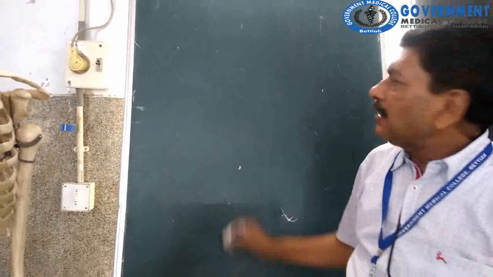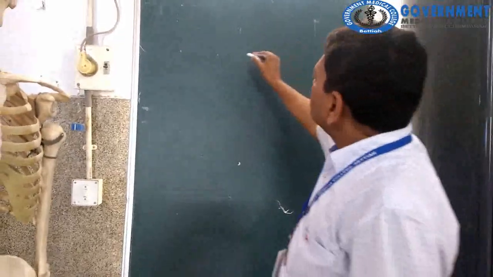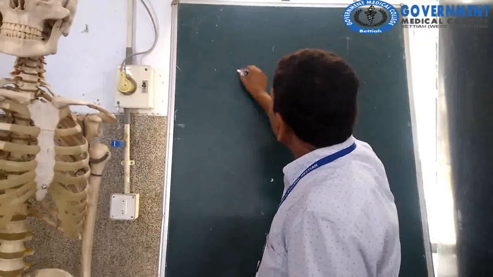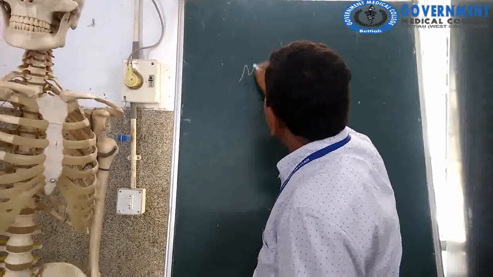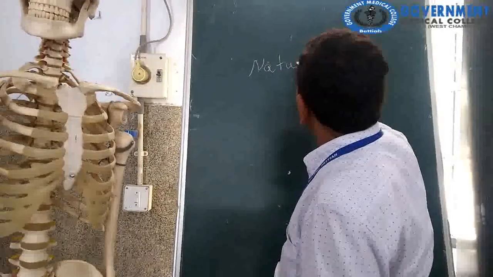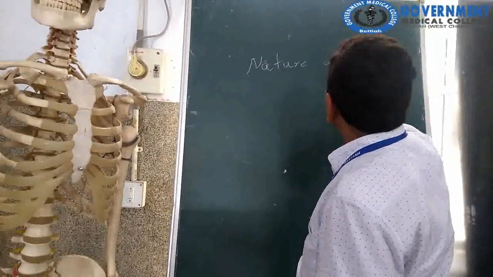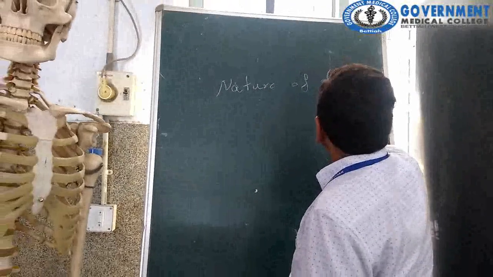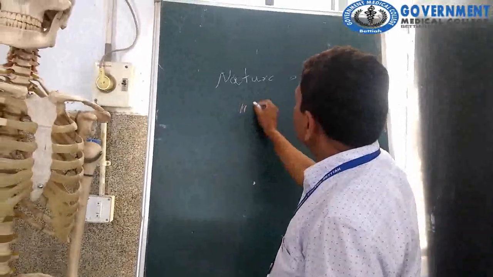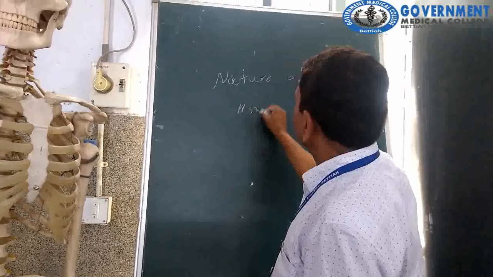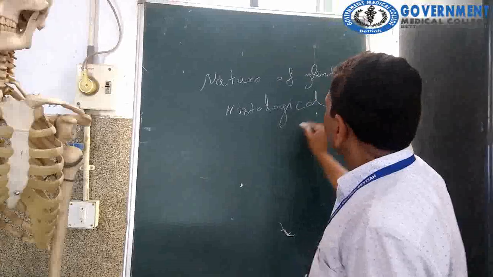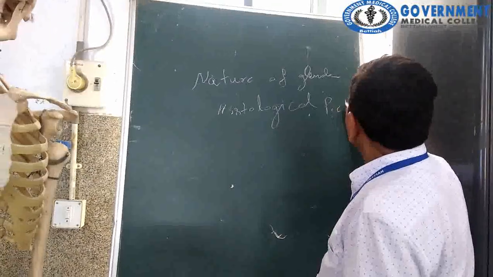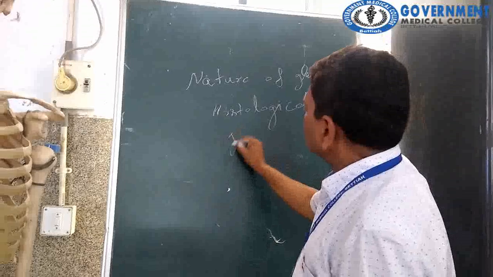Now, we can identify the parts of the stomach by the histological picture of glands.